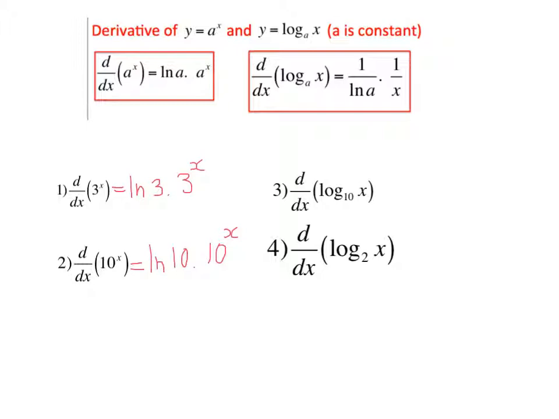Differentiating log of x base 10 is going to equal 1 on log of 10 times 1 on x. And differentiating log of x base 2 is going to equal 1 on log of 2, so notice we've got the natural log here as well, times 1 on x. Done.